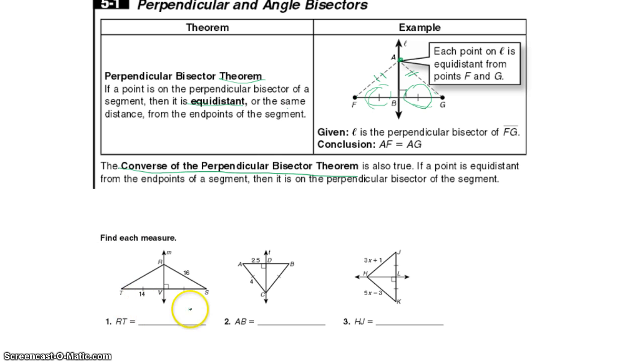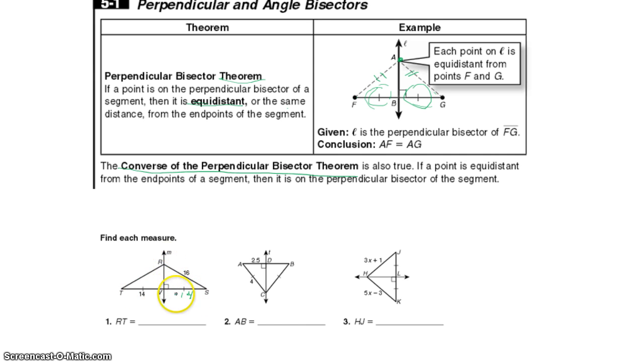All right, we've got some markings here. We see that we have our perpendicular because of the angle here, and we also have tick marks. So what do we know? Well, by this tick marking, I know what about the distance from B to S. I know that it is also 14.